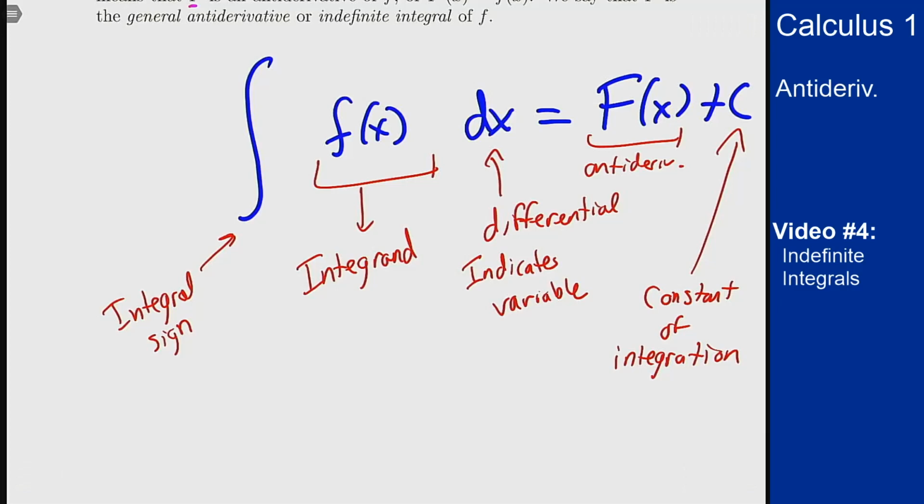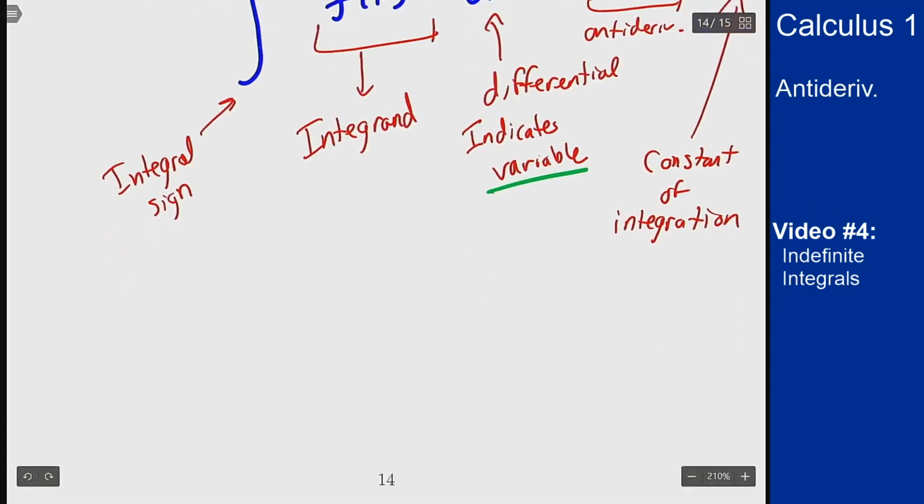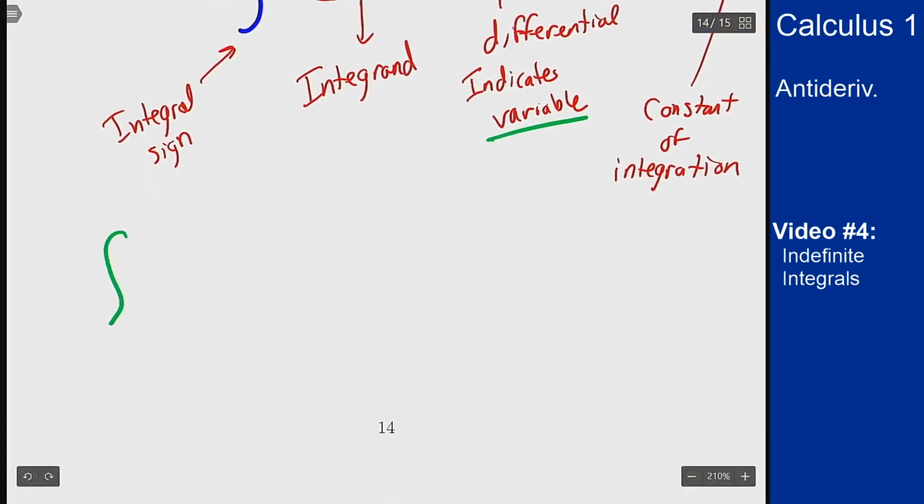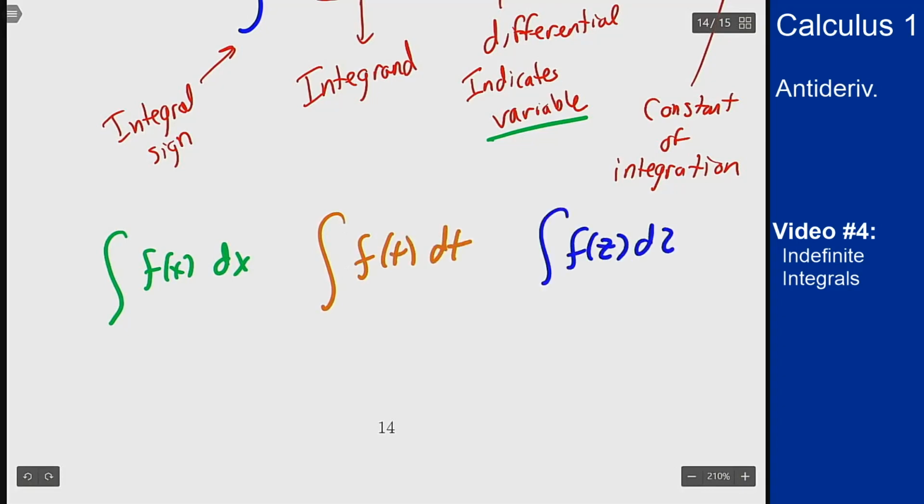So a comment about variables: it doesn't matter what letter you use for the variable of integration, it's all the same setup. So I could write the integral of f of x dx. This would be the same thing as writing the integral of, say, f of t dt, or f of z dz.